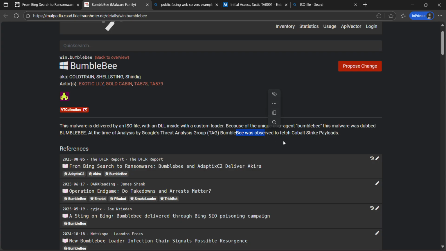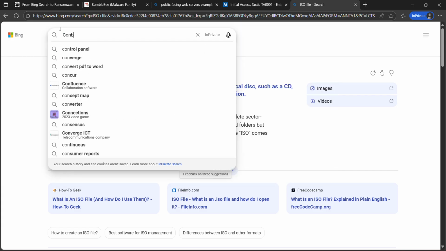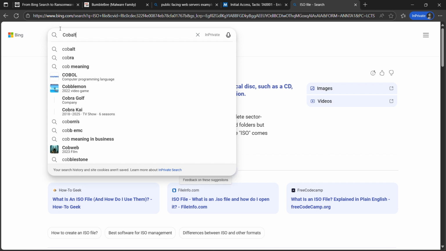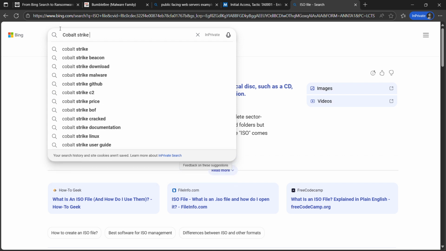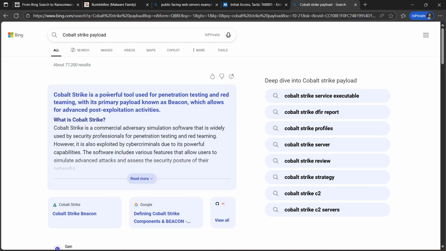Bumblebee was observed to fetch Cobalt Strike payloads. I'm familiar with Cobalt Strike, but let's look that up just to be sure. Cobalt Strike is a powerful tool used for penetration testing and red teaming, with its primary payload known as Beacon, which allows for advanced post-exploitation activities.